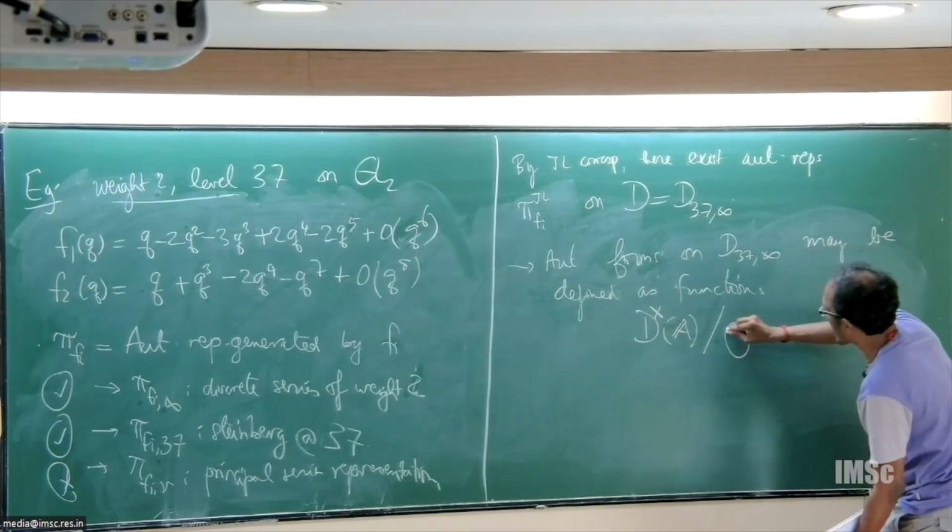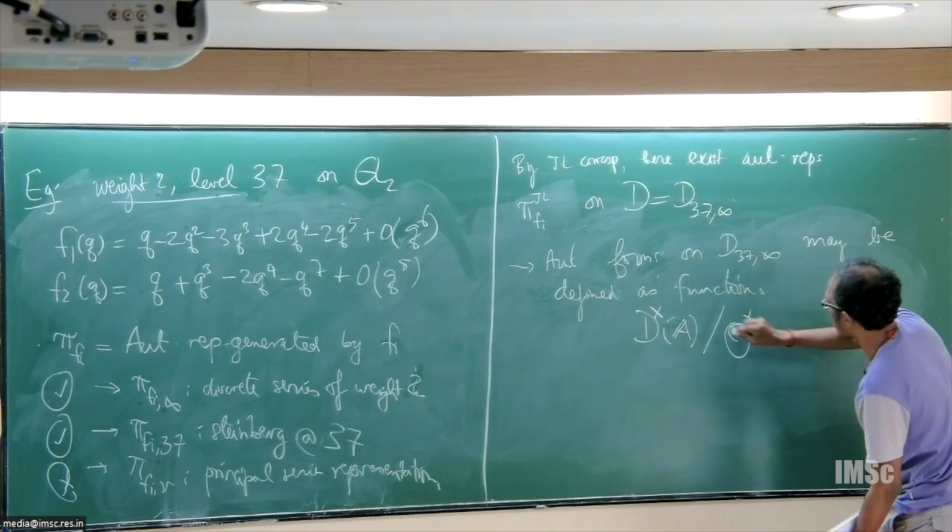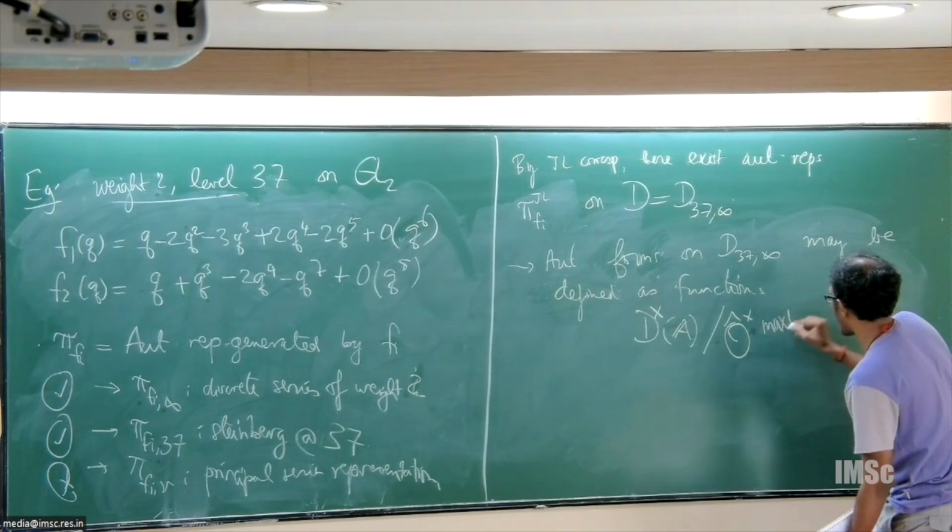At finite places, I'm going to take the maximal order and take its units. And at infinity, just take the maximal compact.